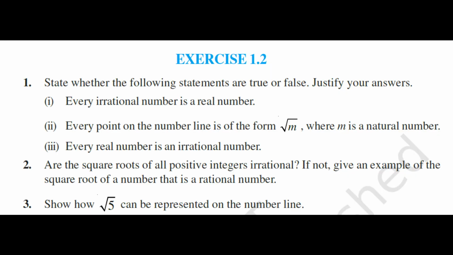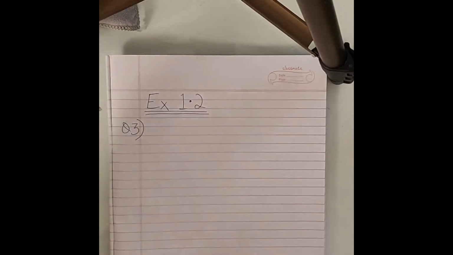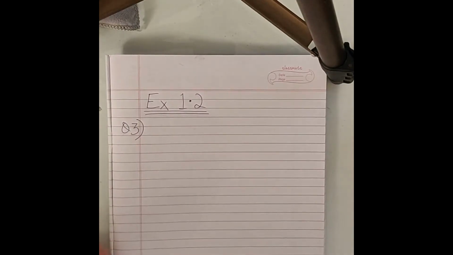The next question of exercise 1.2 is, show how root 5 can be represented on the number line. And I've taken a physical paper to demonstrate over here because this requires a bit of construction.